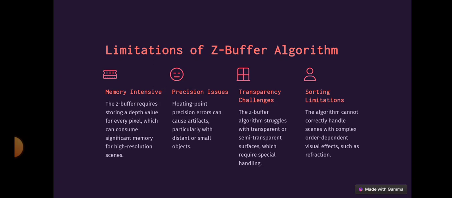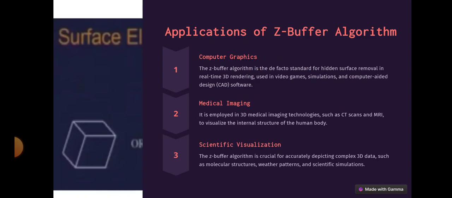Now, let's talk about the applications. Everything comes with its special applications, which we are studying here. Z buffer algorithms have various important applications in computer graphics, medical imaging, and scientific visualization.